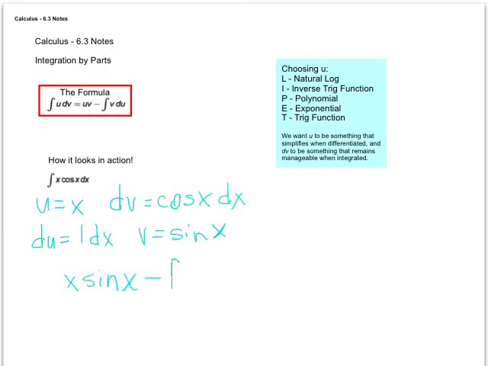And all of a sudden, that nasty integral we were looking at a second ago is a lot easier on the eyes, because I know how to take the integral of sine x. And the integral of sine x is negative cosine x. So I've got x sine x plus cosine x plus c. And if you can't remember your integrals, just look on your trig card or find a resource where you've got a list of all your integrals, but sine x pops out really nice. And so this really complicated problem that we can't do a regular u substitution on winds up being not so bad.